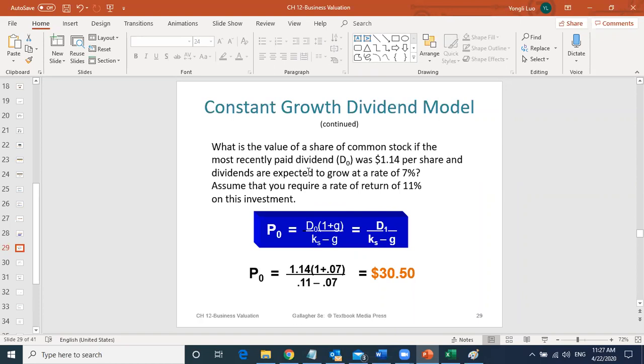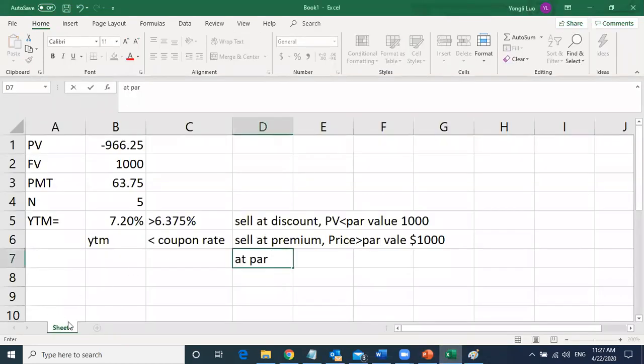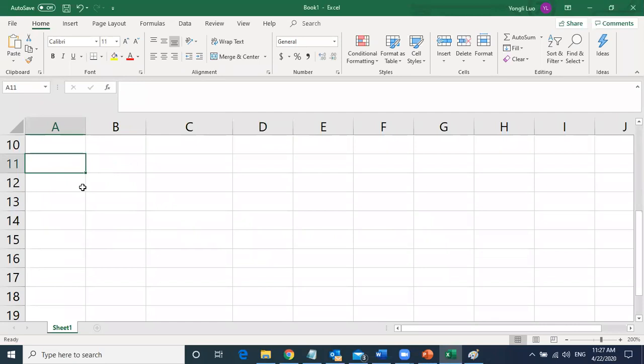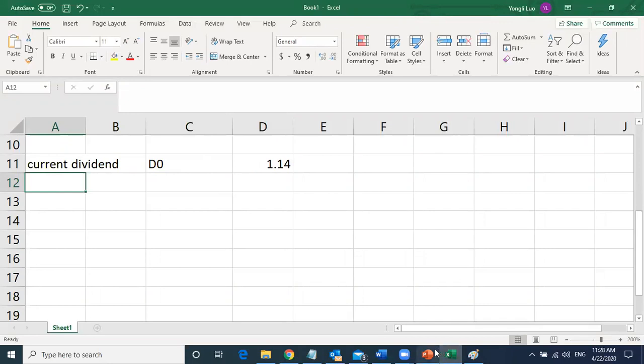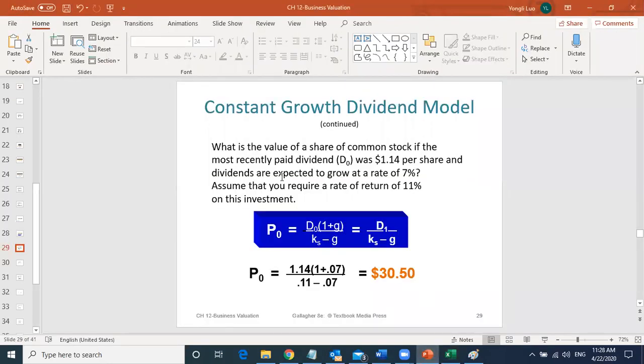We have the current dividend, D0, which is 1.14. What else do we know? We know the dividend is expected to grow at a rate of 7%.